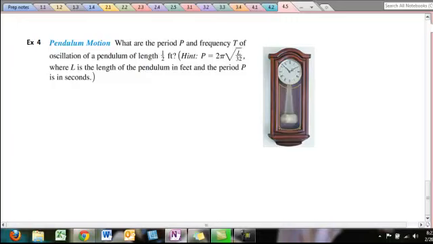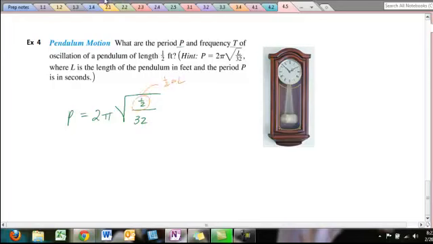So I think we could figure this out. We're looking for P and also for frequency. P is 2π times the square root of 1/2 over 32, where 1/2 is L.